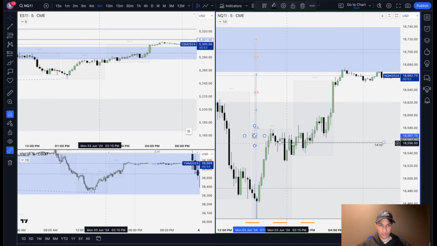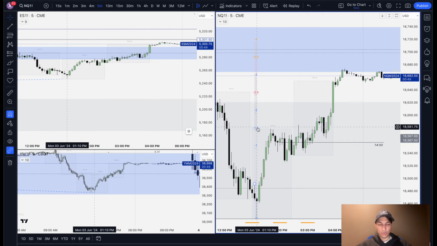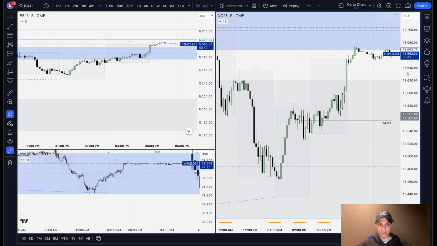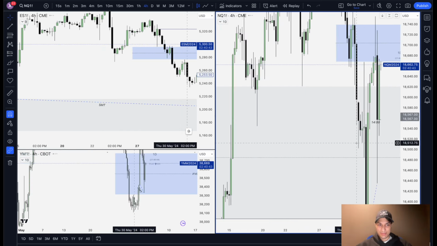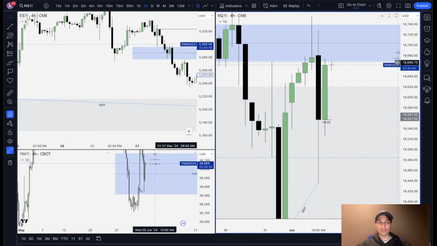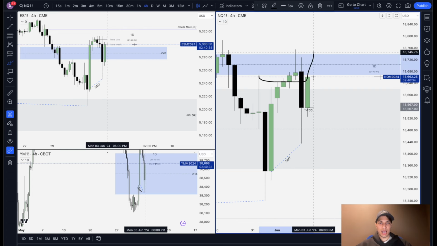So we expect price to open, form the low, form the high, and then close. But you don't need to use standard deviations to tell you what the 4-hour power of 3 is going to do. Simply look at where we are opening in respect to the daily open, high, low, close. Daily candle: open, high, low, and we've already formed this wick.